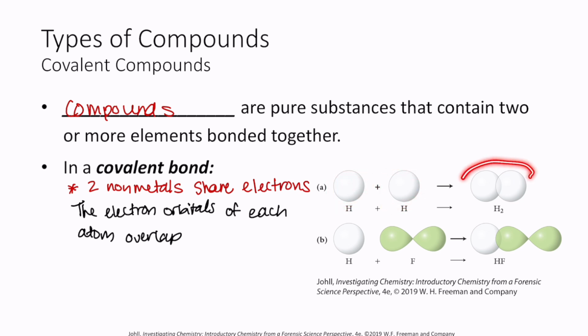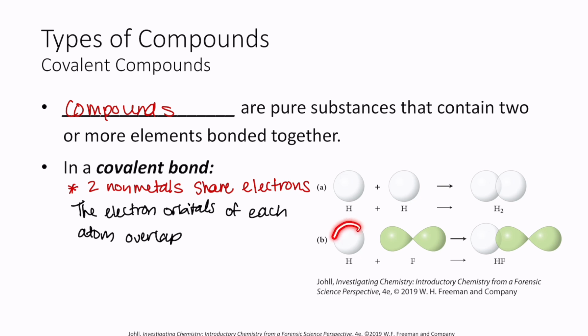And then when they become a compound H2, we have these two orbitals overlapping. So this would represent the 1s orbital, and this would also be the 1s orbital. Now there are electrons in here that are being shared between the two hydrogen atoms. The only way you can get those electrons to share is if you have the overlapping orbitals.